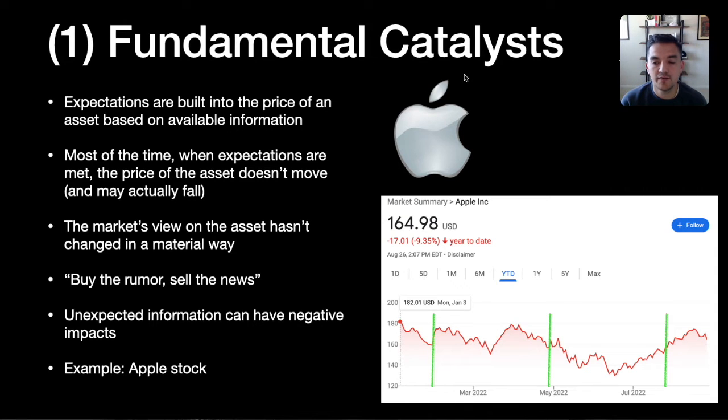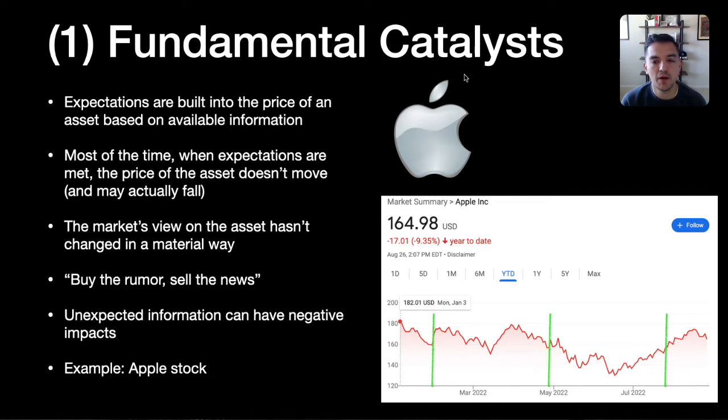So naturally, if people are expecting good news in earnings, and that can happen through rumors or leaks or just general market analysis, but if people are expecting good news from an Apple earnings release, generally when that good news actually comes on the day that the earnings are released, there isn't a significant shift in the stock price of Apple. And part of that is because the market's view of Apple hasn't changed, and a lot of the expectations around a good earnings release were already built into the current stock price.